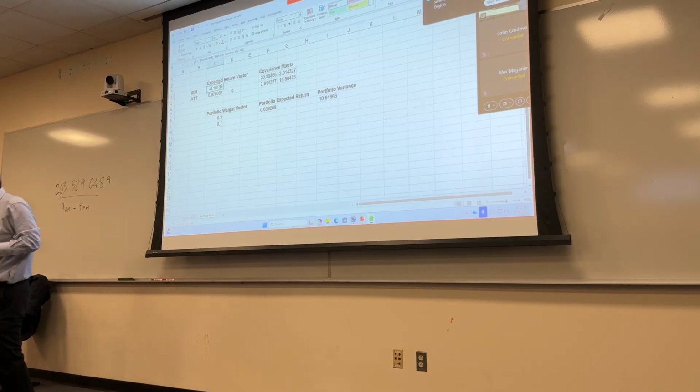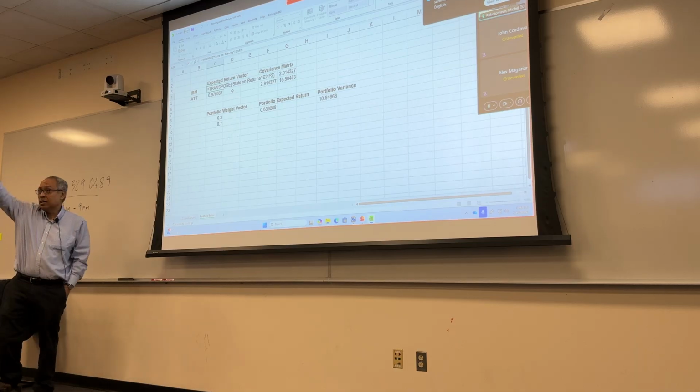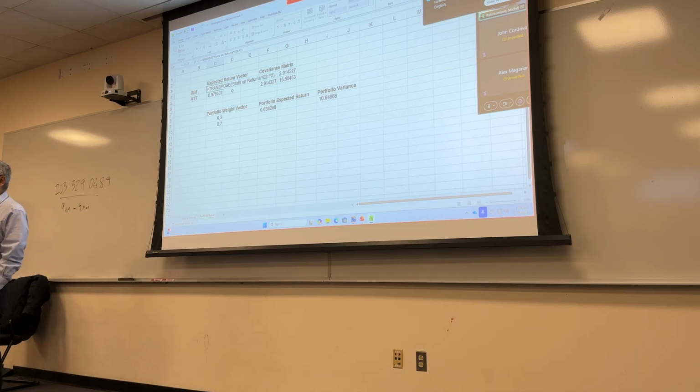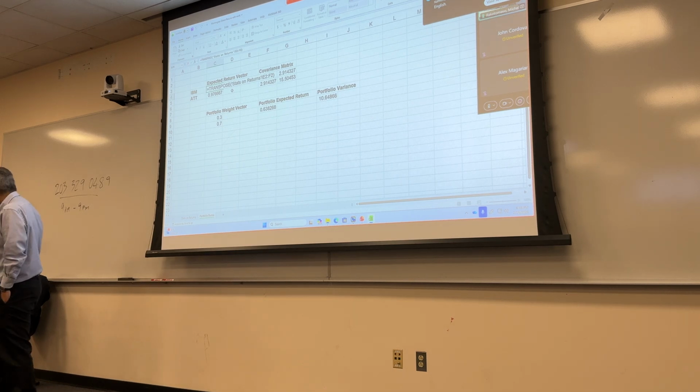All you need to do, for most of you probably, is equal transpose, and then select the row of expected returns for IBM and AT&T, close parenthesis, press enter.